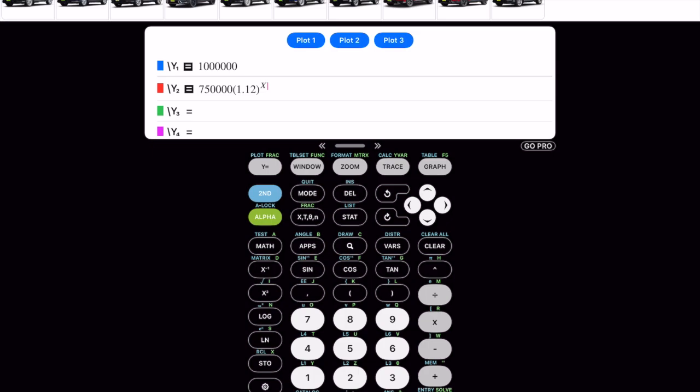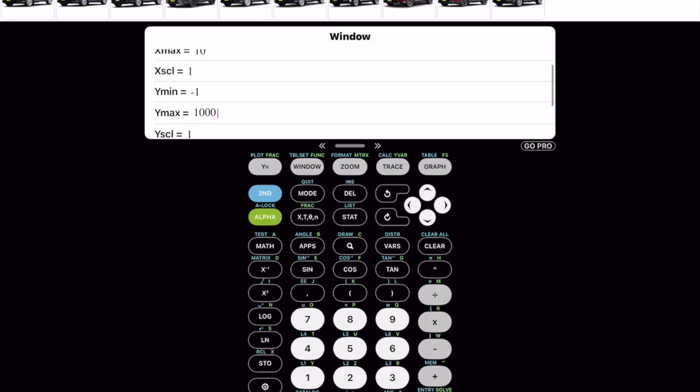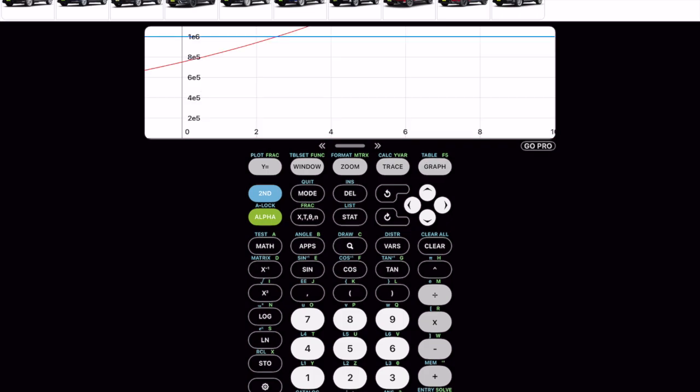I'm not even going to graph this right now because I know I'm not going to be able to see it because my window is set to 1,000 and our number is 1 million. So I'm just going to do 1,100,000. So I'm slightly bigger and then hit graph. And I see the point of intersection in the viewing window.